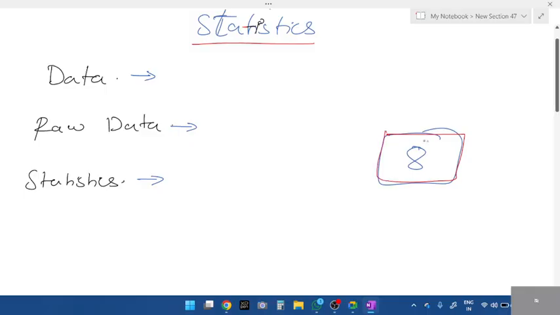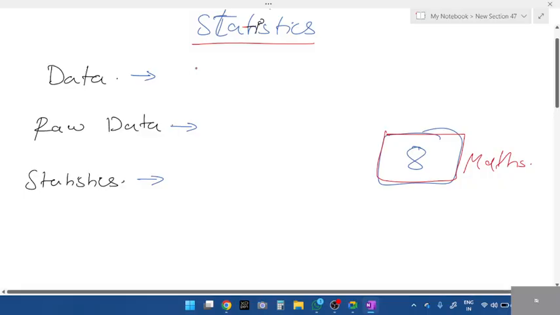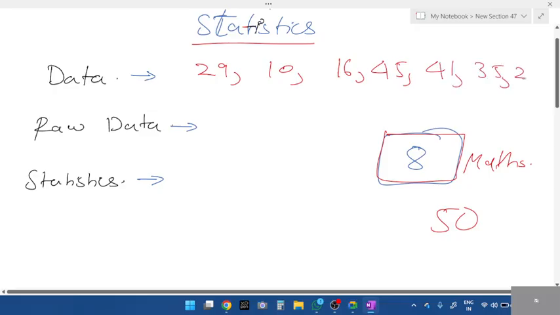In the entire 8th standard maths class, imagine there are around 10 students, and they have scored out of 50 marks: 29, 10, 16, 45, 41, 35, 32, 20, 12.